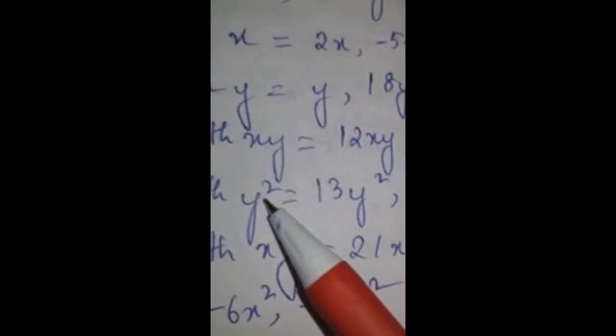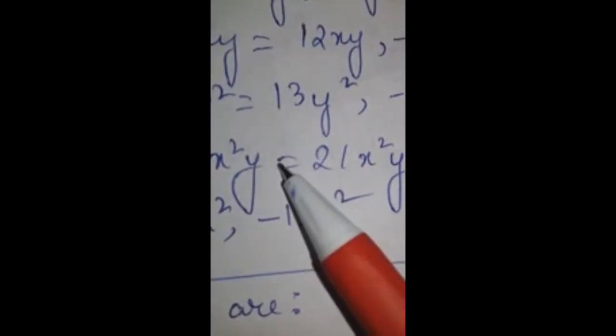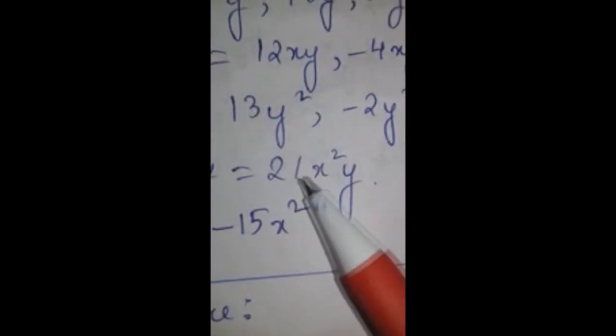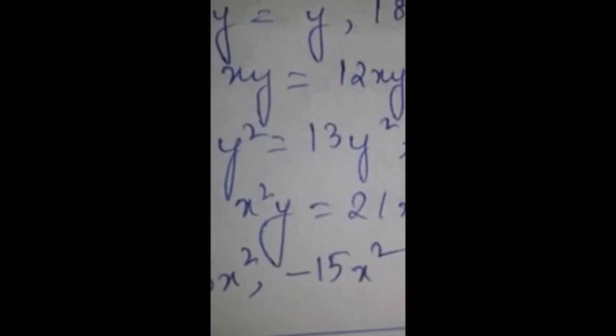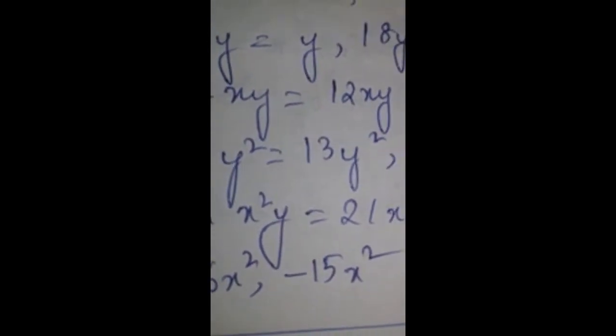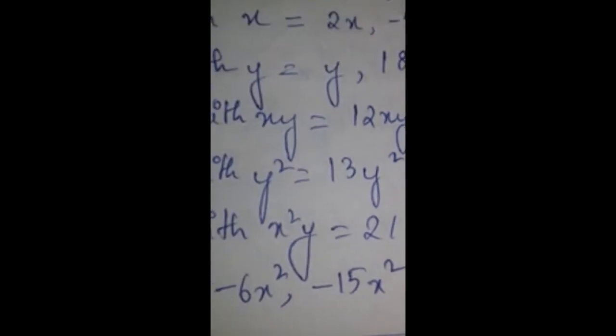Next, the terms associated with y square: 13y square, minus 2y square. Next, the terms associated with x square y: 21x square y. The terms having x square are minus 6x square, minus 15x square. Children, you will find that all these terms are given in your book in the question. So from there I have sorted the like terms together.